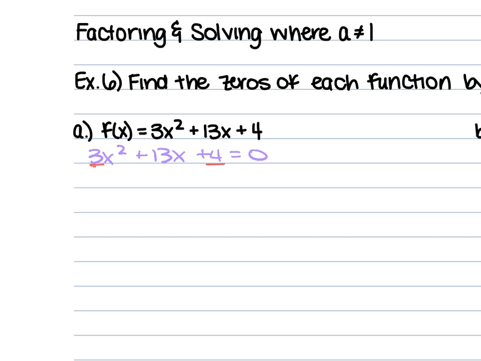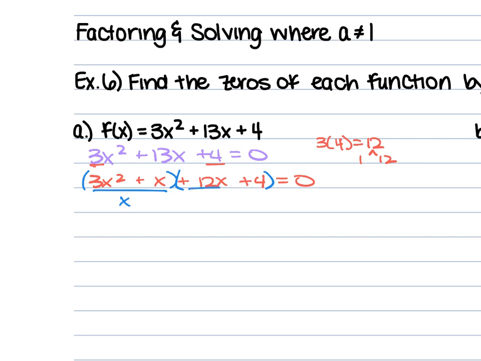The 3 and the 4 get multiplied. 3 times 4 is 12. The factors of 12 that add up to be 13 are 1 and 12. So this is going to be rewritten as 3x squared plus x plus 12x plus 4 is equal to 0. We have 4 terms now, so factor by grouping. You're going to factor out an x from the first set of parentheses.